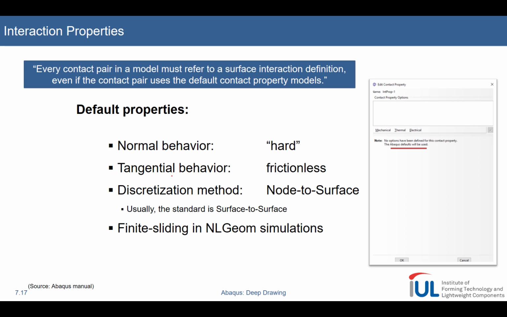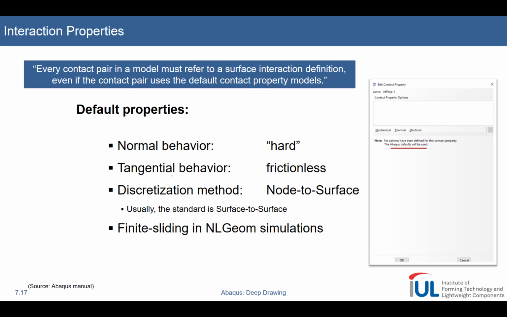It means that once you've defined, let's say, a surface-to-surface interaction between your sheet and your blank holder, you have to specify, I hope you remember this, a contact property definition. However, maybe you have tried it before. This contact property definition can be entirely empty, and the simulation will still work.